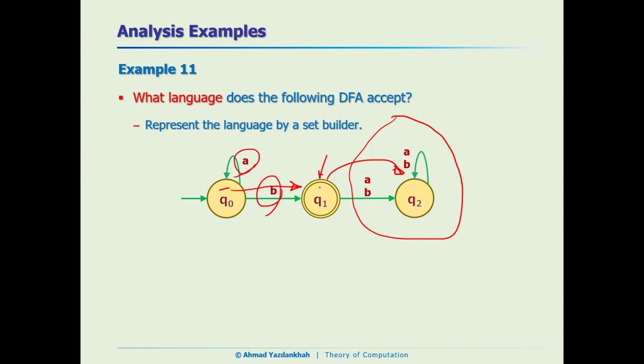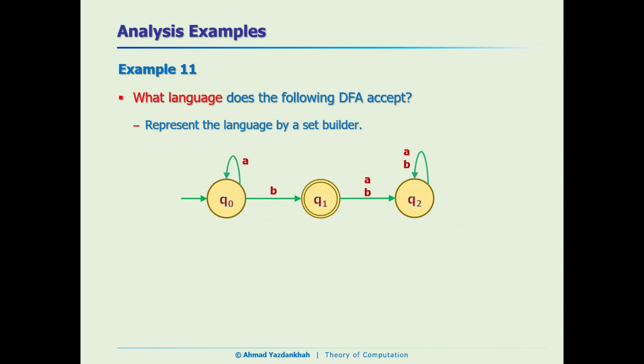Okay, so let's summarize one more time what language will be accepted by this machine. We learned that any number of A's will loop here, and when we have a B, the machine goes this way and will stop here if that's the only thing that we have, right?